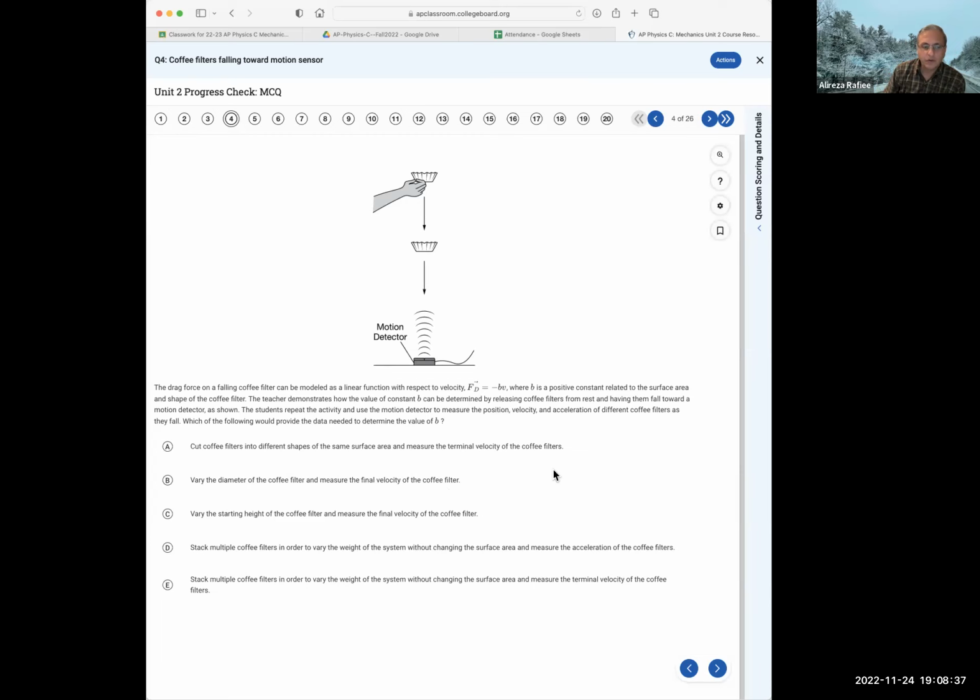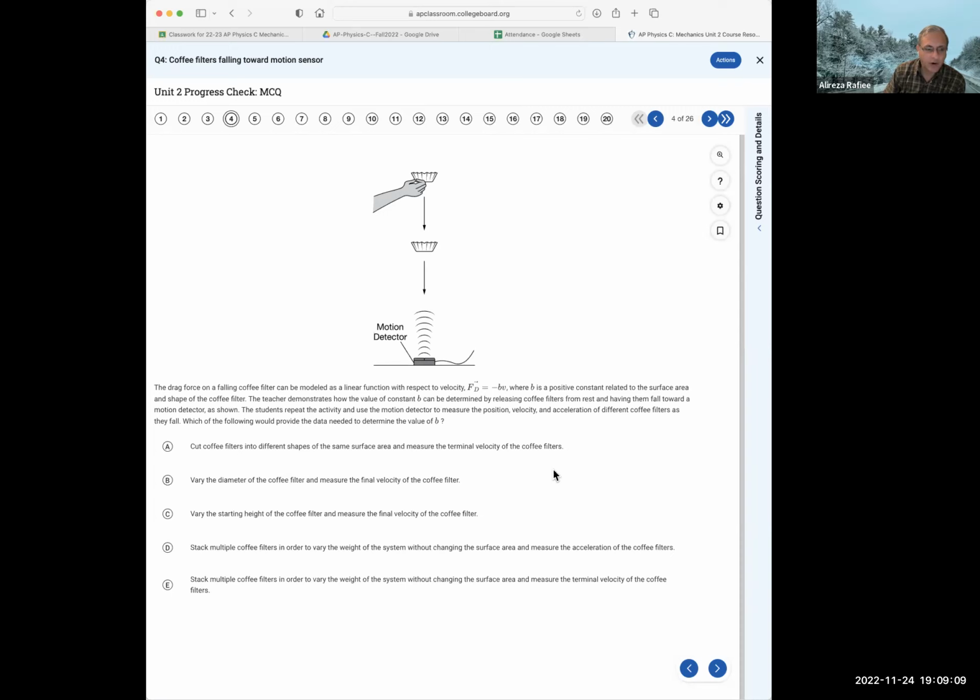So if you cut the coffee filters, what is changing here? You're changing the mass of the coffee filters. And if you let them reach terminal velocity, then they will reach terminal velocity at different velocities, assuming that b is a constant. Okay, that sounds possible. What about the next one?